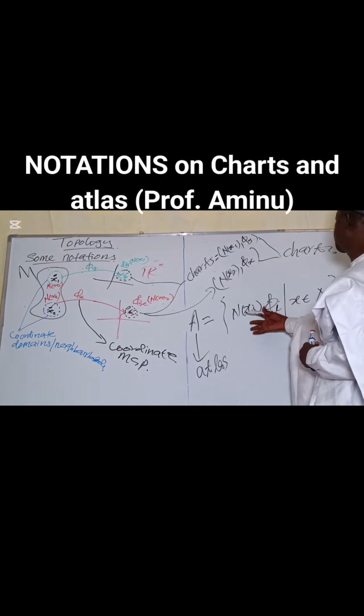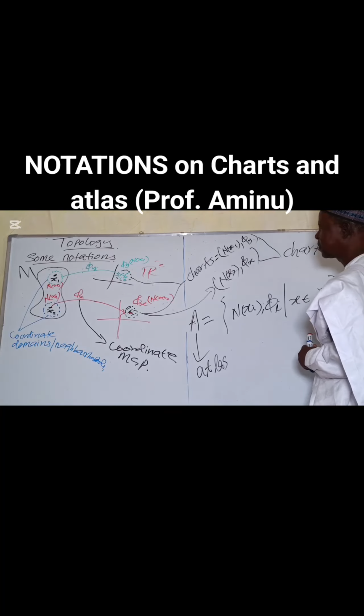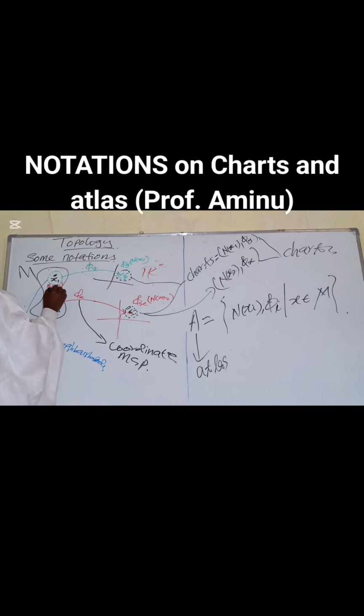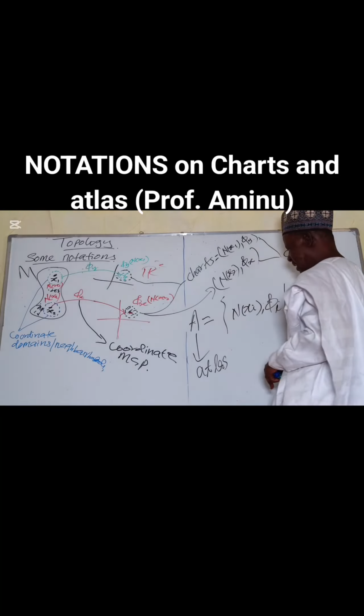The collection of all the charts, N of Xi under phi i, for all the points in the manifold. So maybe I have X3 here, X4, X5, and so on. If I collect all of the charts for this manifold, I generate what I call an atlas.